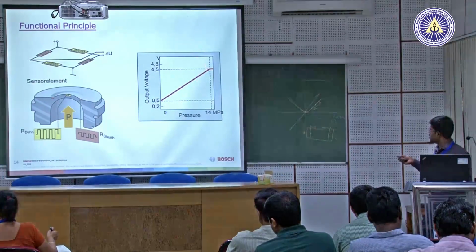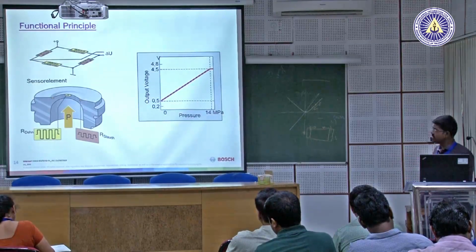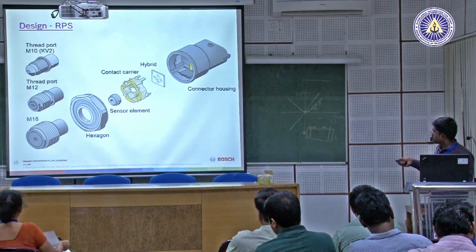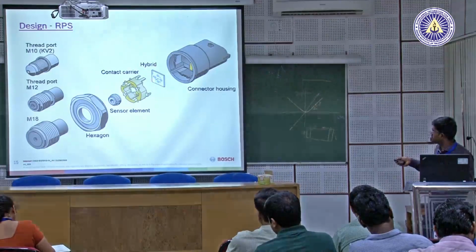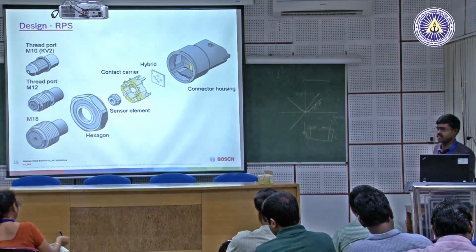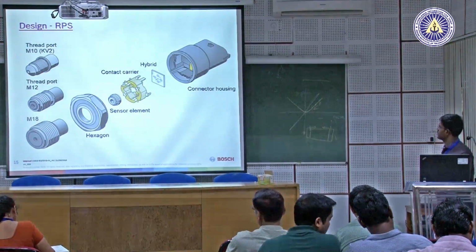The typical characteristic curve will be like this. We talked about a pre-mold; the same thing here is a hybrid which consists of the fabrication of the Wheatstone bridge concept. All these things are for mounting again.